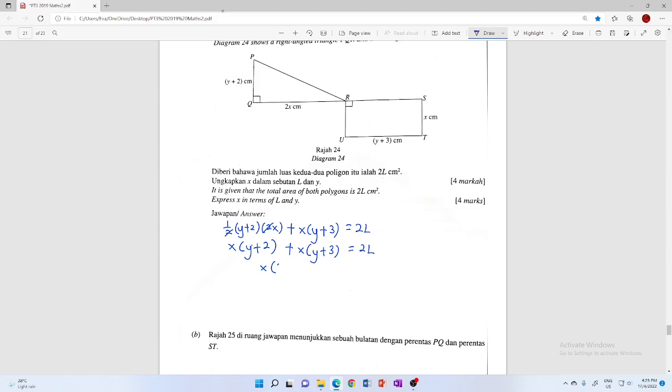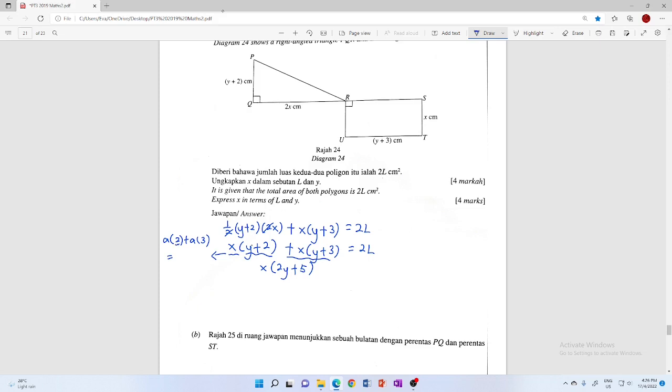y plus y is 2y, plus 2 plus 3 is 5. Let me give you an example. Let's say the inside is a number plus another, like apple times 2, apple times 3.